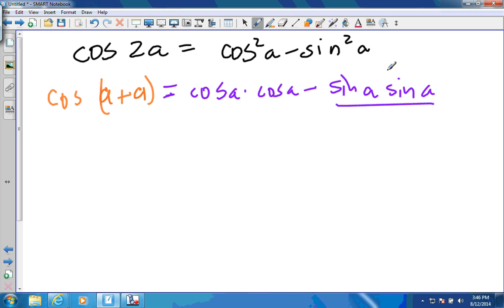And then sine times sine and cosine times cosine are the squares of both of them. So then you would get cosine squared minus sine squared.